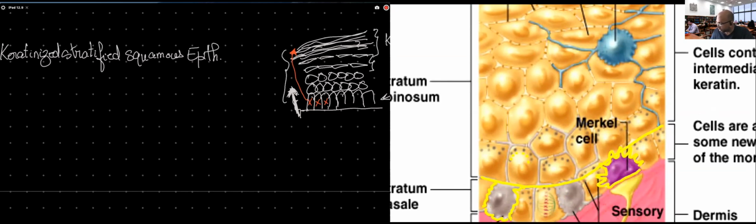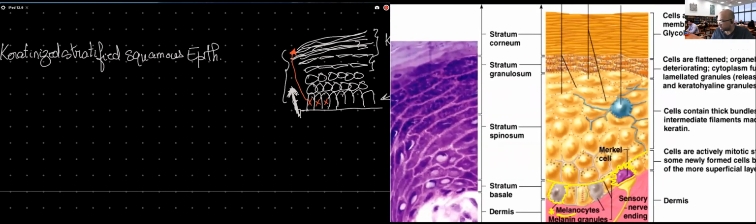So all we're looking at in this diagram is the epidermis. All those layers are my epidermal layers. So this is my keratinized stratified squamous epithelium. We're looking closer at the structure of those layers of the epithelium.